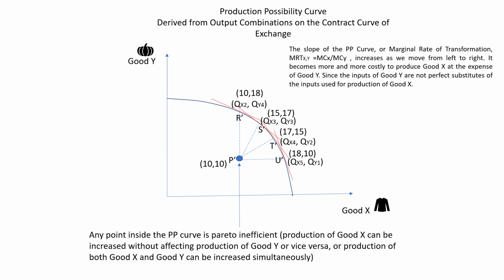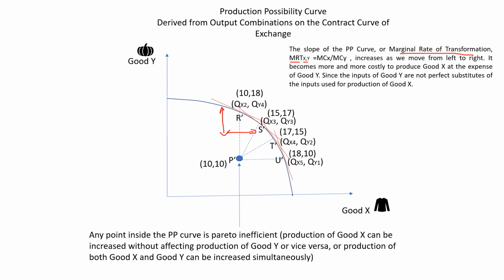The slope of the production possibility curve is called the marginal rate of transformation of X for Y, or MRT X for Y, which is the amount of sacrifice that you need to make of the output of y for any given increase in the output of x.